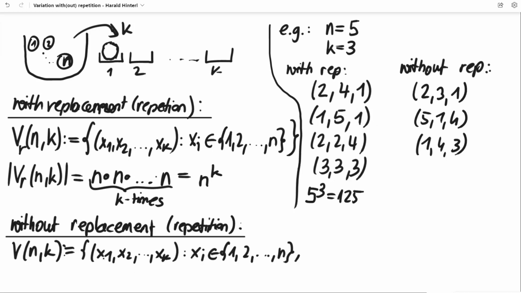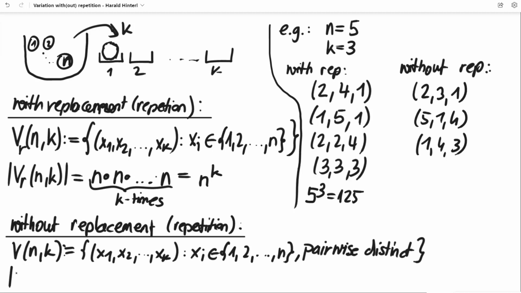Because x1 is different from x2 and so on. You see here, there cannot be like 1 for 1. So in math we just write here pairwise distinct or different. So it just means if you consider, for example, 5 and 1, it's different. 1, 4 is different, 5, 4 is different. So it means no repetitions.